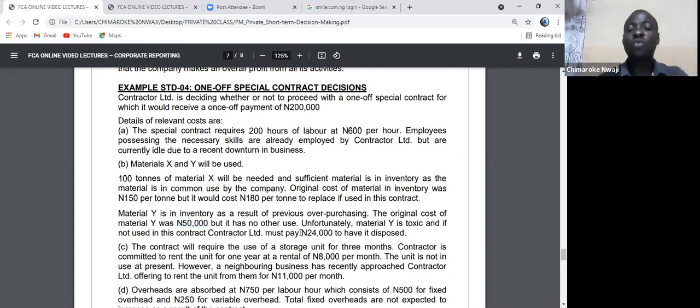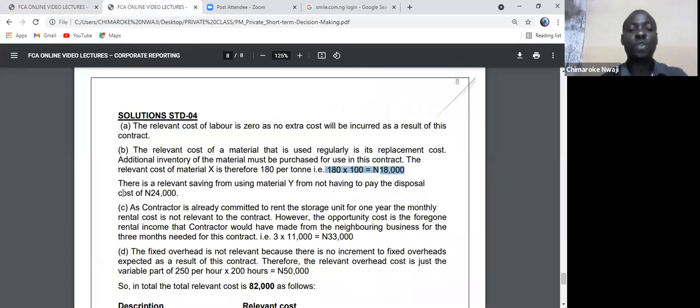You have to pay 24,000 to have it disposed. You can save that disposal cost by using that material for the contract. And so 24,000 naira saved will be the value for material Y. And that is what we did here. So the value of material Y is now 24,000 naira, which we are saving from the disposal of the material.